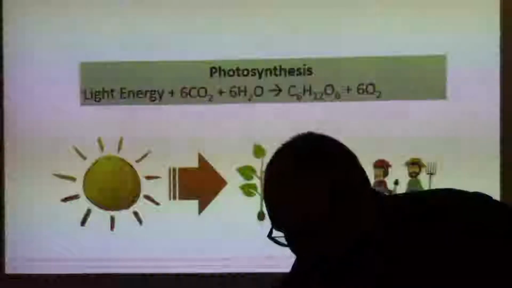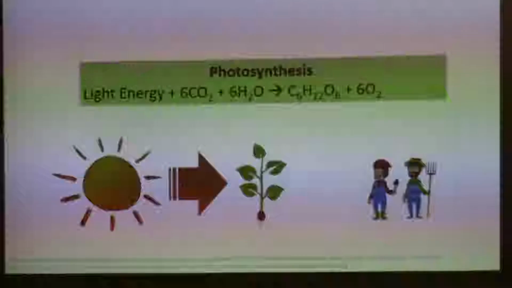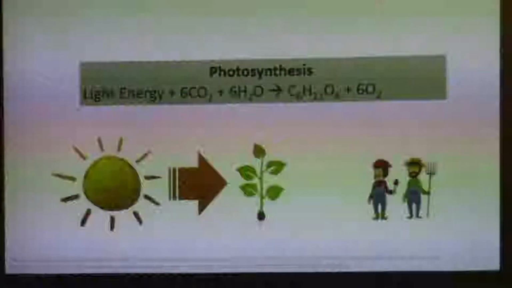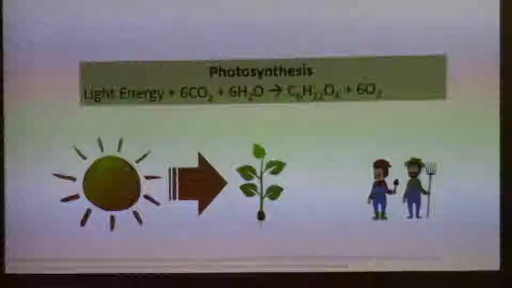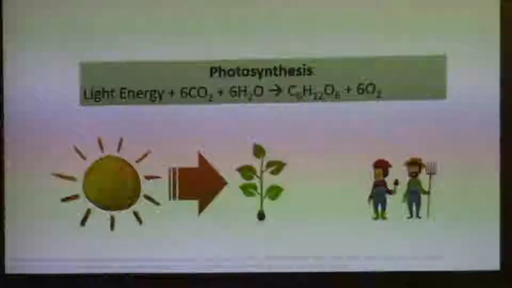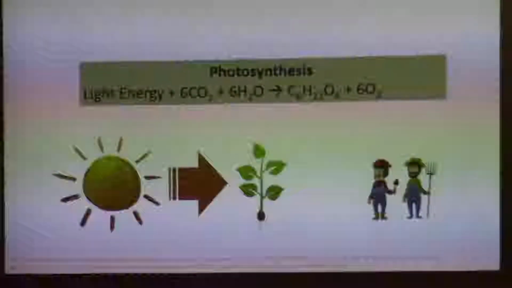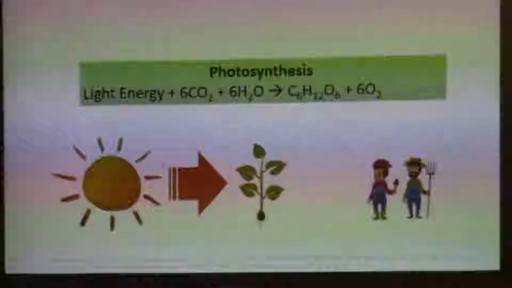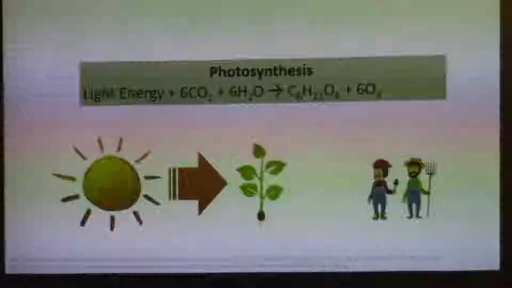Now, we cannot derive energy from the sun directly, of course. But plants can, through photosynthesis, right? And if you look at the equation for photosynthesis, it's light energy plus carbon dioxide and water. And the outcome of that is sugar and oxygen, which is really convenient as well, the oxygen, right?